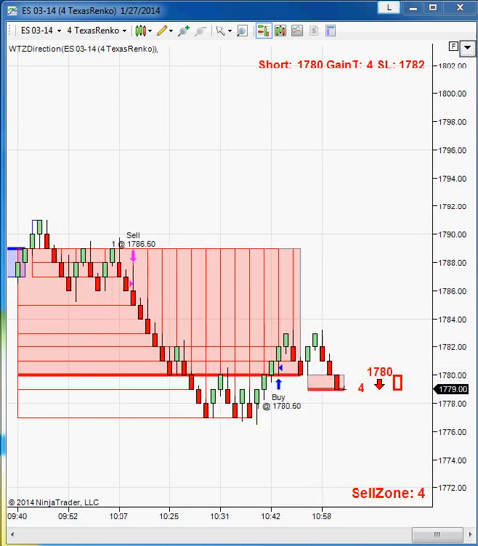Okay, so now we are looking for the sell opportunity. They should have a couple of candles go down. No, it looks like a little bit tough, my friends.